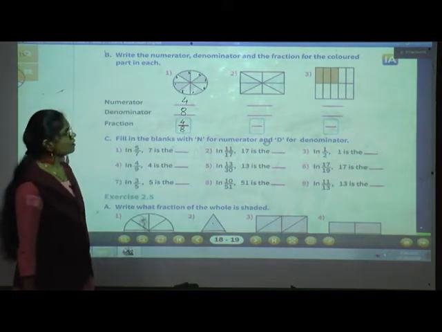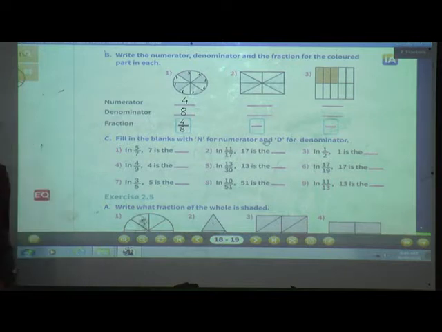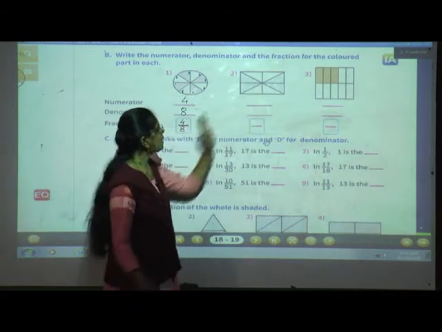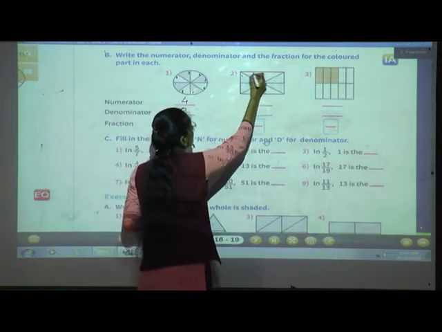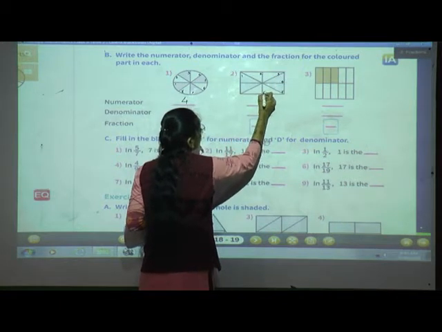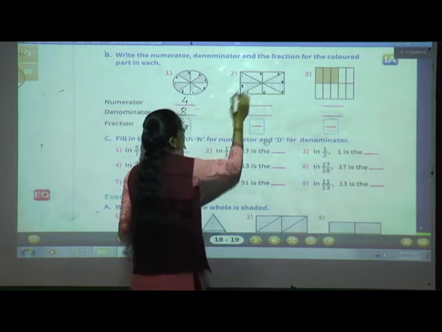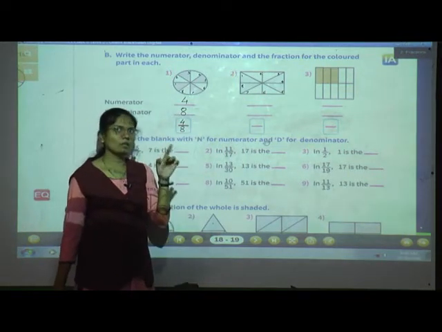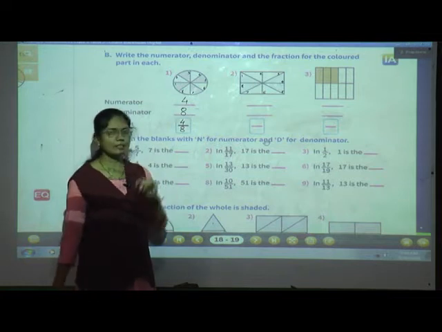In the next figure, you have to count first total parts. That whole is divided into how many parts? Count all the parts. 1, 2, 3, 4, 5, 6, 7, 8. Again, this whole is divided into 8 equal parts.